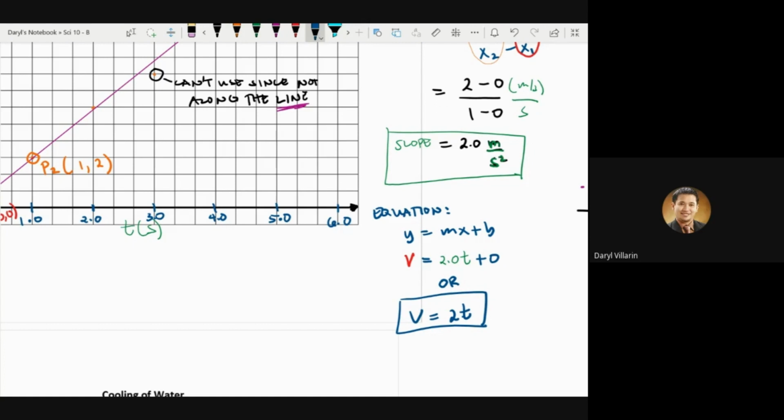So m is equal to 2.0 and b is 0, so y equals 2t. We'll talk about that next class. Also, next class we'll have a simple experiment that will also enable us to use the graph to get a particular quantity. Okay.